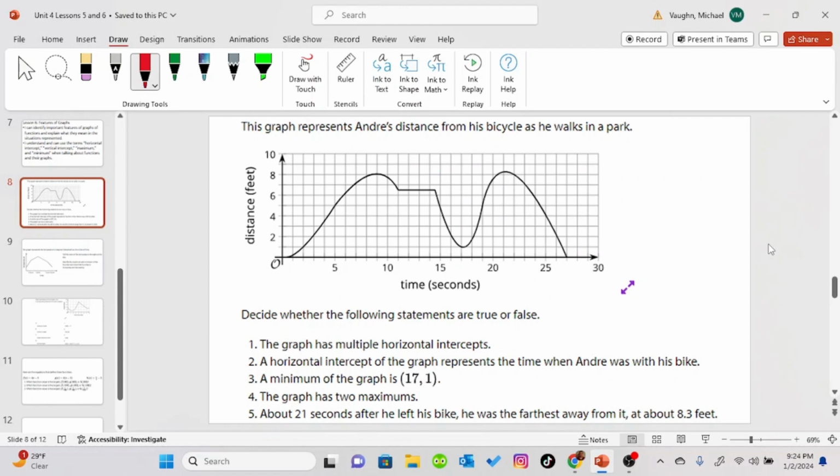This graph represents Andre's distance from his bicycle as he walks in a park. Decide whether the following statements are true or false. Number 1. The graph has multiple horizontal intercepts. So when we look at a graph, the left to right axis is the horizontal axis.